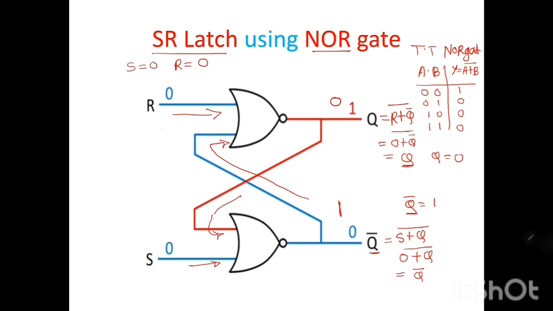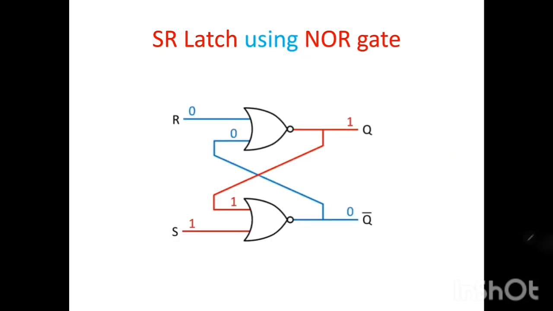Means, suppose you are considering Q bar is equal to 1 and Q is equal to 0, and you are applying 0 0 at the input, the output is not changing. Means when S is equal to 0, R is equal to 0, we say it is a no change case.